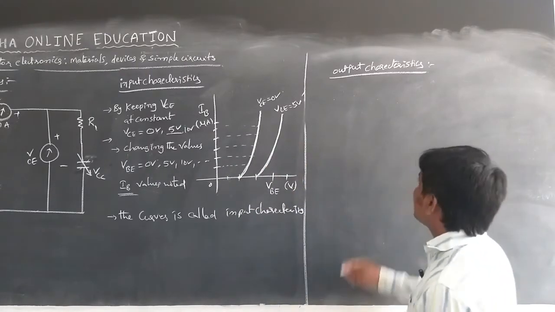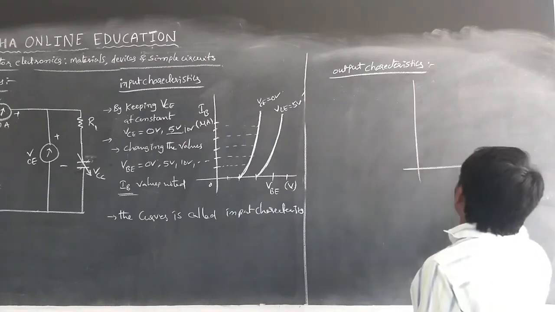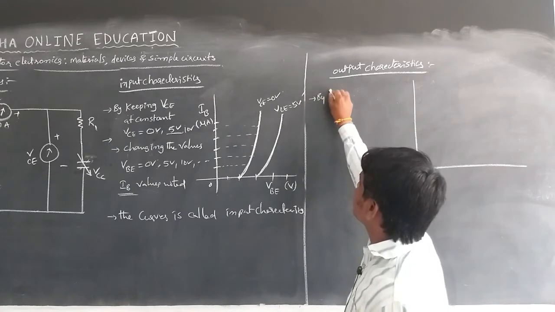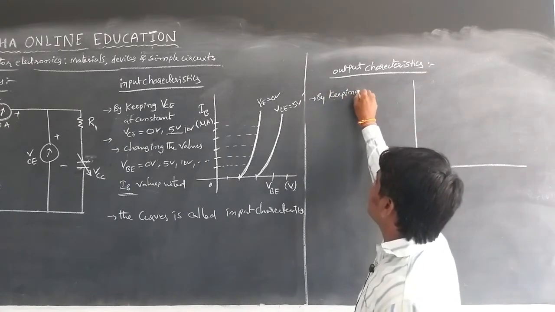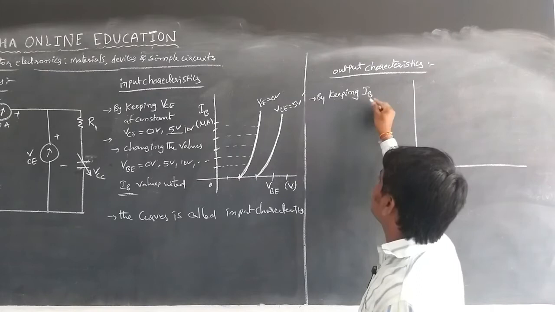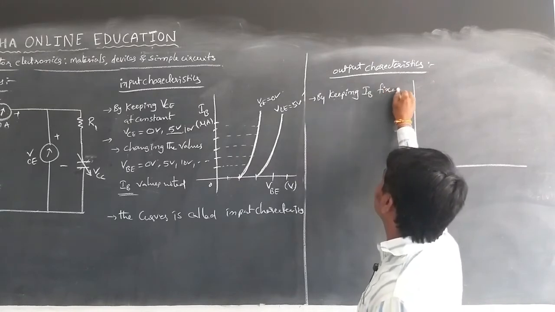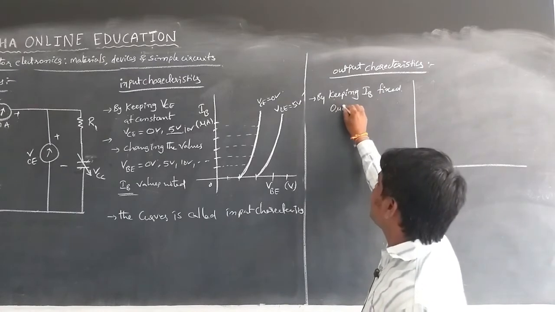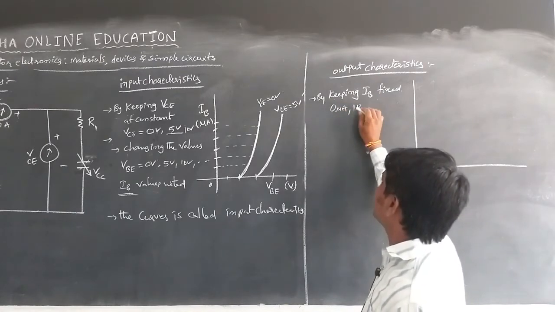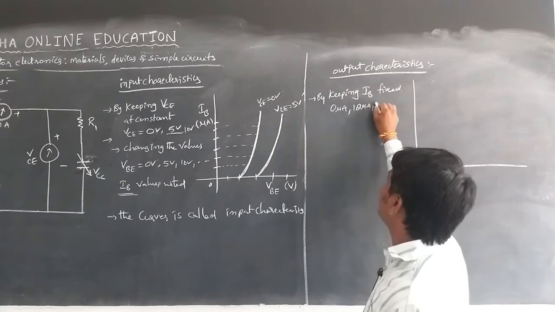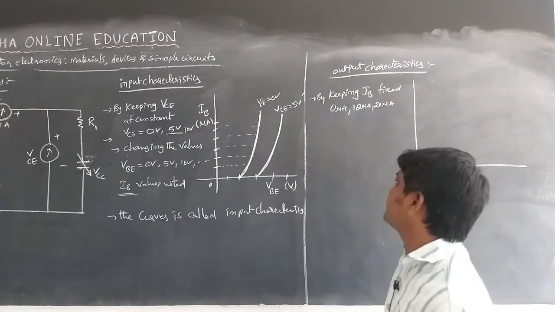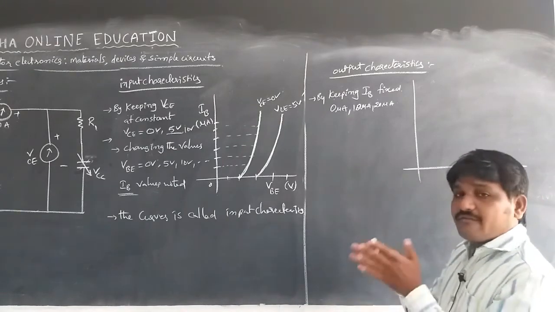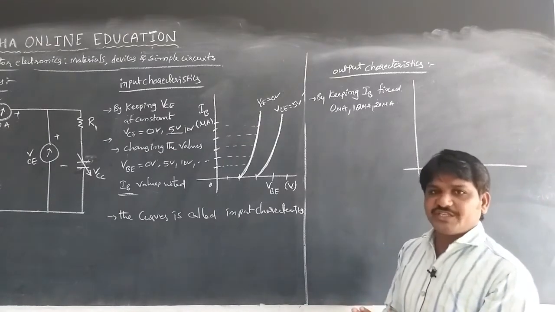Now we keep the base current IB fixed, at values like 0 microamperes, 10 microamperes, 20 microamperes, and so on. In the input characteristics we fixed the value for the output potential.